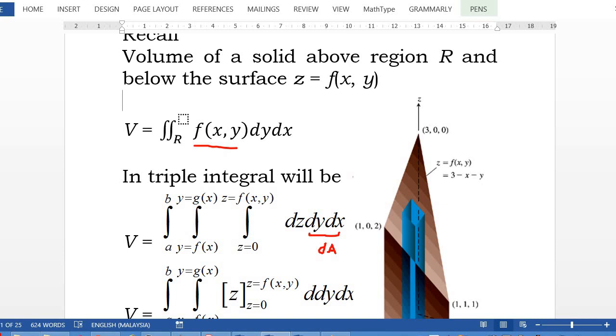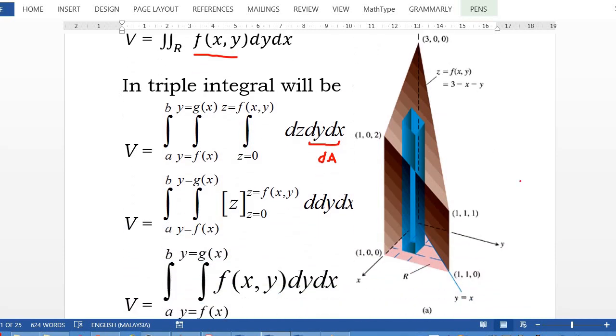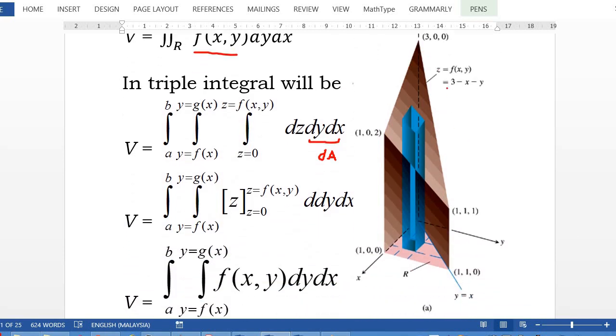If you want to find the same volume, the top surface is z equal to 3 minus x minus y, and the bottom surface is on the xy plane, or z equal to 0. In a triple integral, if you see this is parallel with the z axis, then we integrate with respect to z first, so integrate dz.